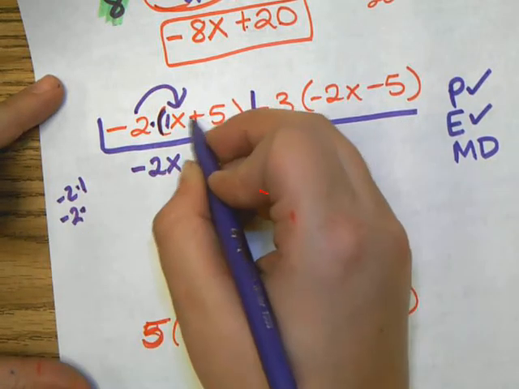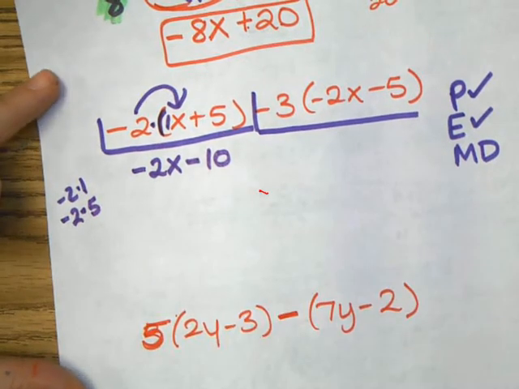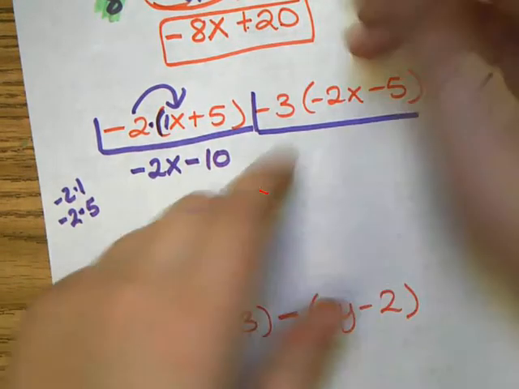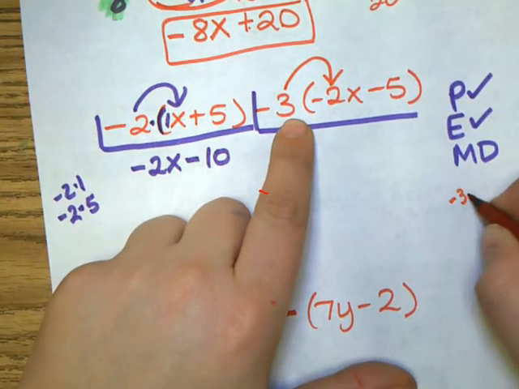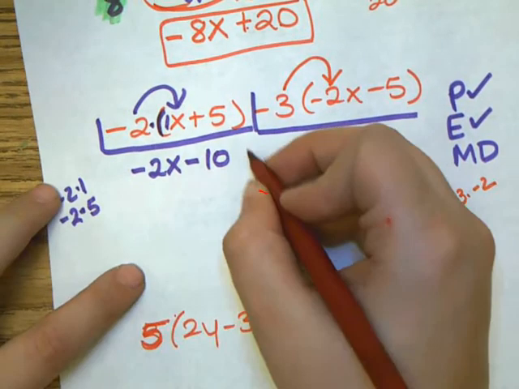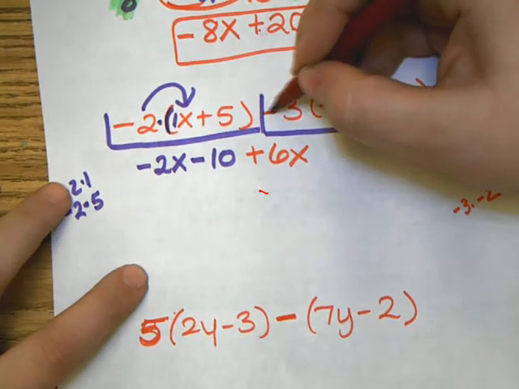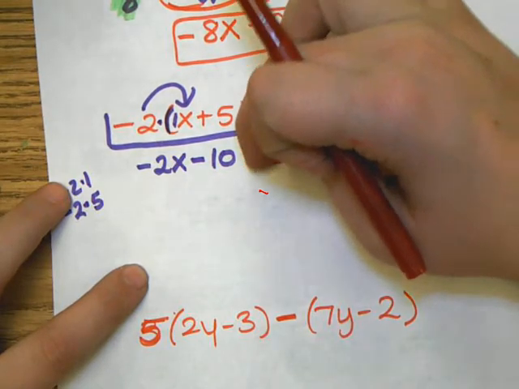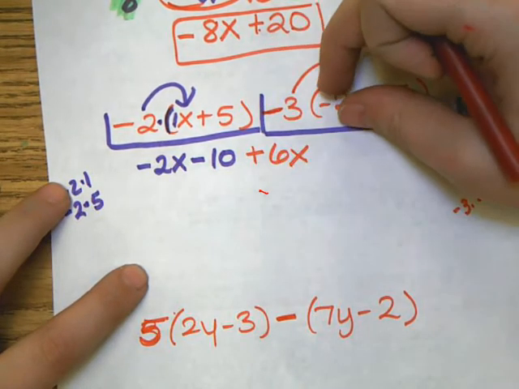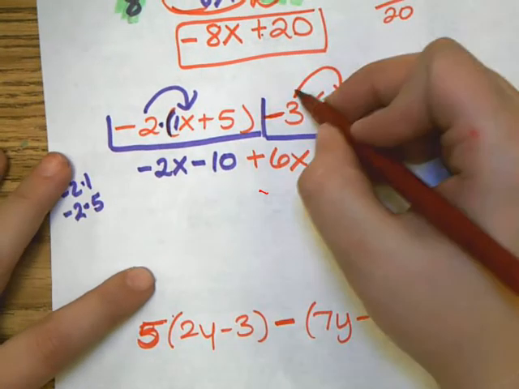And I have a negative 3 here to distribute. I have 2 in this problem. So negative 2 times 1 is negative 2x. Negative 2 times positive 5 is negative 10. Then negative 3 times negative 2 is positive 6x.